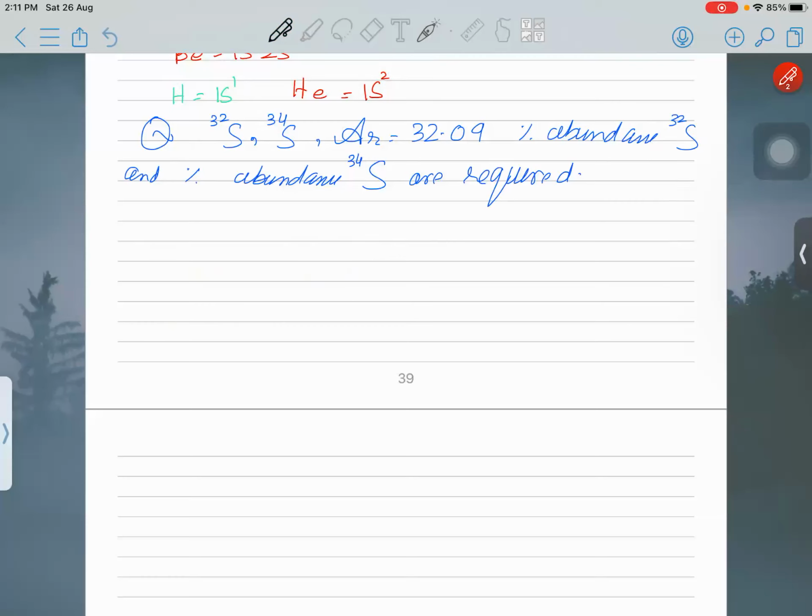Sulfur has 32 and 34, total Ar is 32.09, and the percentage abundances of both are required. Now use this formula.